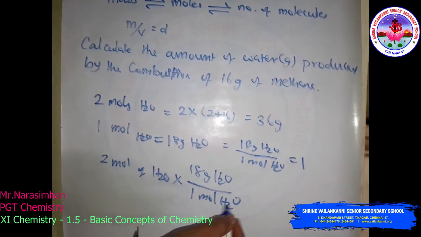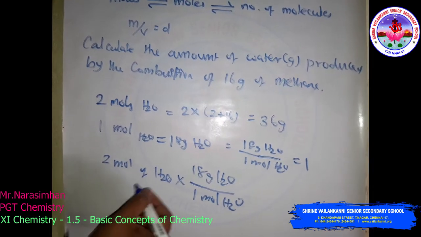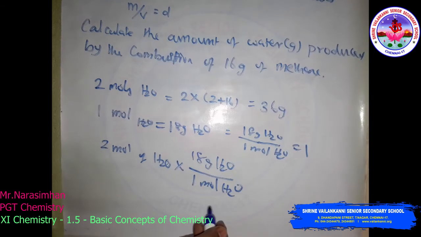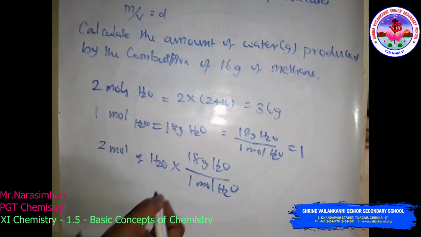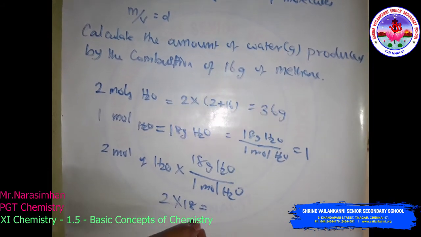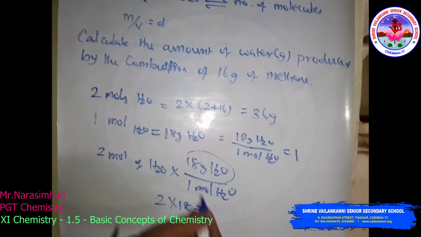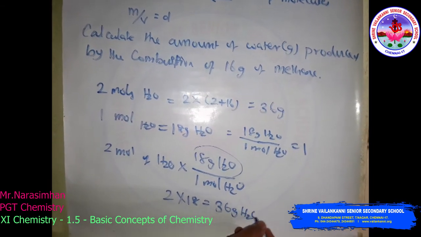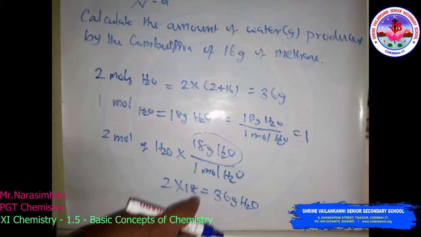So it will become what? 2 moles means 2 into that. 2 into this, which is already 18. So 2 into 18 gram, you will be getting 36 gram of H2O. So this is the answer.